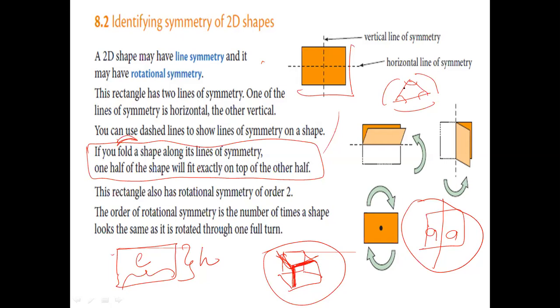How many symmetry lines does this equilateral triangle have? When I divide this triangle into equal shapes, these are called symmetry lines. One, two, three.